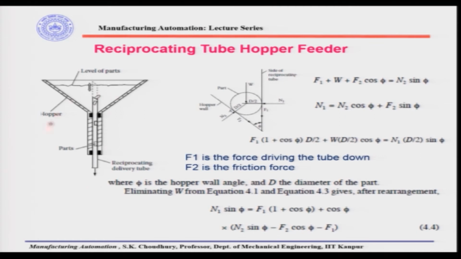Of course, in this design they have to be sealed so that the parts do not go out in this way from here. So, they have to come inside this hollow tube.